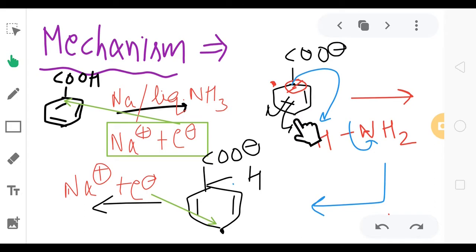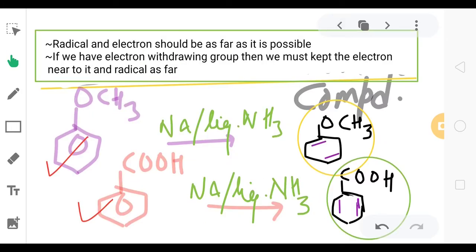Okay, so this happens. And the second thing that I have written here, that if we have electron withdrawing group, then we must keep the electron near to it and the radical as far from it.